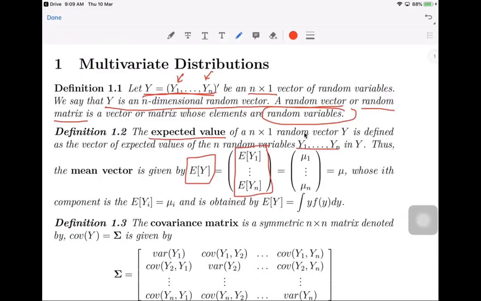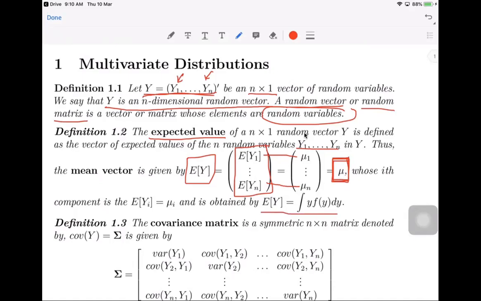By notation, we denote the expectation of y1 as mu1, and so on until the expectation of yn as mu n. In general, if you see the notation mu, this is a vector, n by 1, where each component is the mu i, or the expectation of your yi.